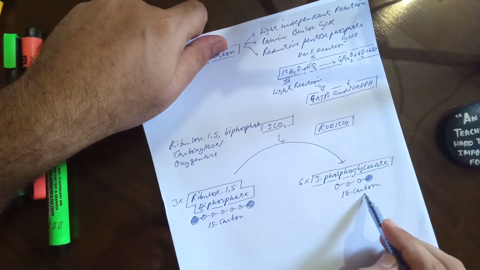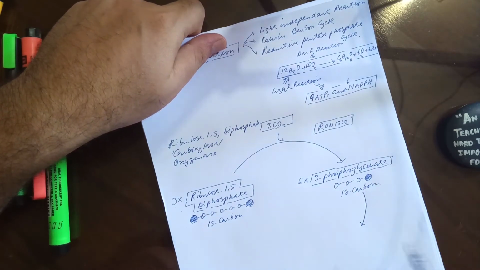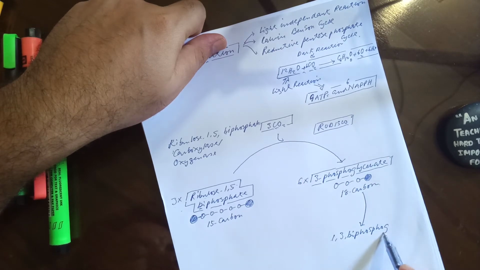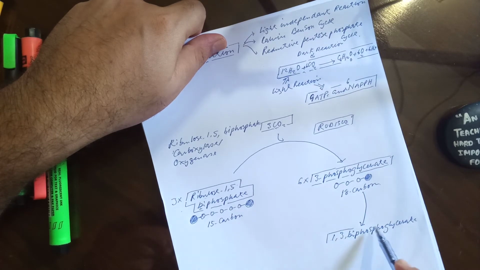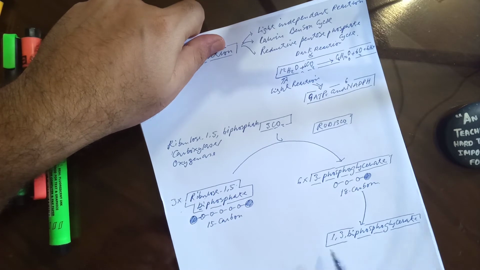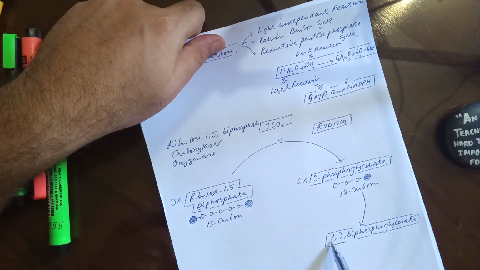Now, if I want all 6 of these molecules to be phosphorylated, then this compound is going to be 1,3-bisphosphoglycerate, or glyceric acid. This is what we are going to see here. There was only 1 phosphate on the third carbon. We have now 1 phosphate group on the first carbon too.